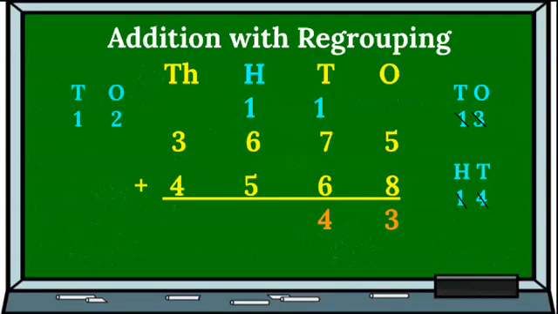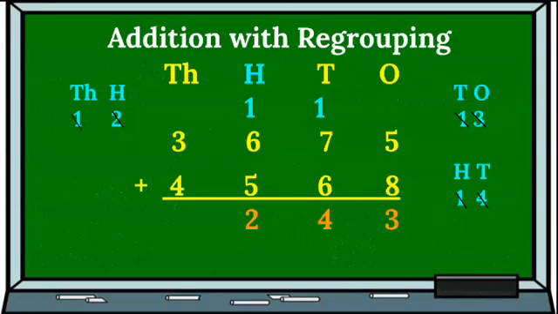Now we will normally say 12, but we know that it would actually be 1200. So we're going to take our 2 in the hundreds place and place it under those numbers in the hundreds column.